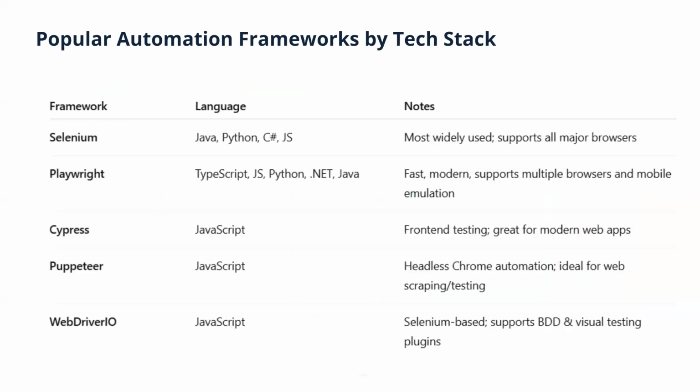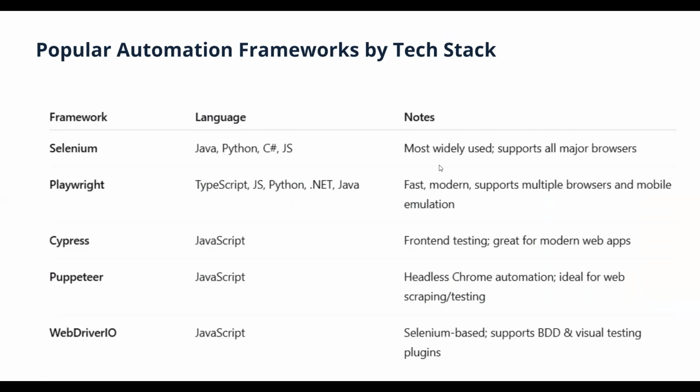So these are a few tool stacks and technology stacks available. The Selenium, we can use Java, Python, and mostly we can use it. The Playwright, we can use Java, Python, or TypeScript, so many different. Cypress, we can use JavaScript. Puppeteer, you can use JavaScript.